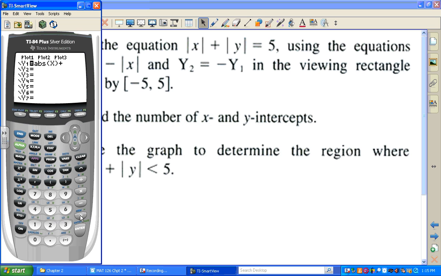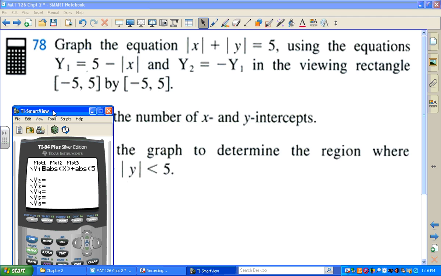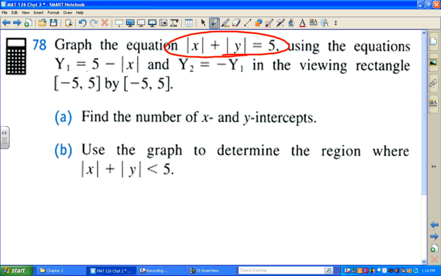Now, some people might have a different looking screen because of the newer models, but absolute value of, how do you do absolute value of y? Oh, they're telling you how to do it. I see. If you want to graph the whole thing, you have to do it in steps.